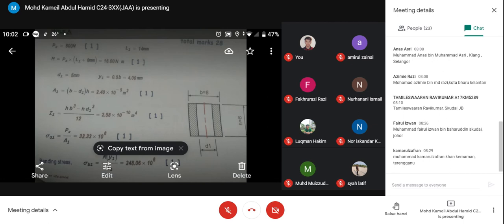That is the dimension for kita punya shaft. Okay, so tu yang pakai 8x8 tu lah. Okay. So for shaft yang S2 shaft. Kemudian okay, ada lagi soalan. Itu yang B dengan H tu lah, 8x8 tu.